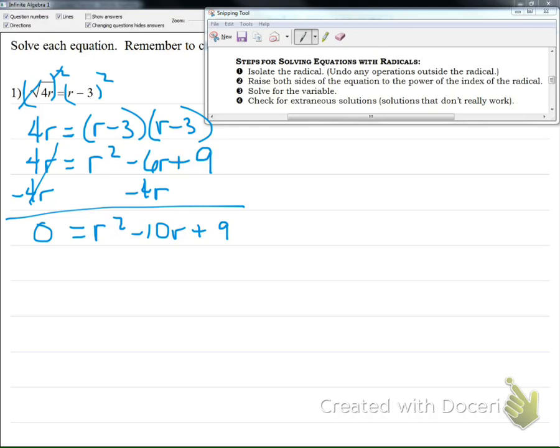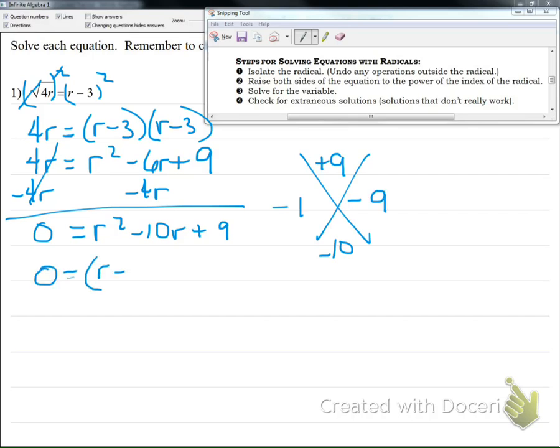So let's use the X factor. 9 goes on top, and it's a positive 9. Negative 10 goes on the bottom. Because the 9 is positive, that means that both numbers should be negative. The two numbers that multiply together to equal 9 but add together to equal negative 10 are negative 1 and negative 9.